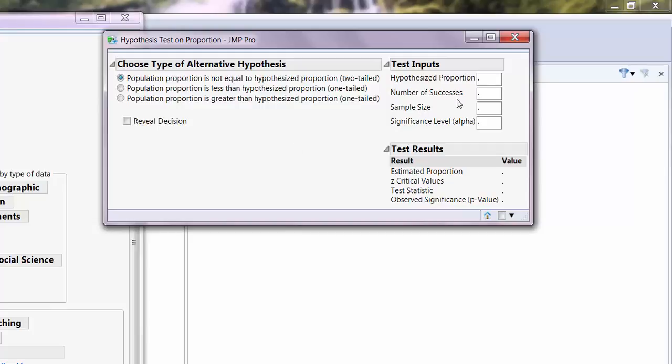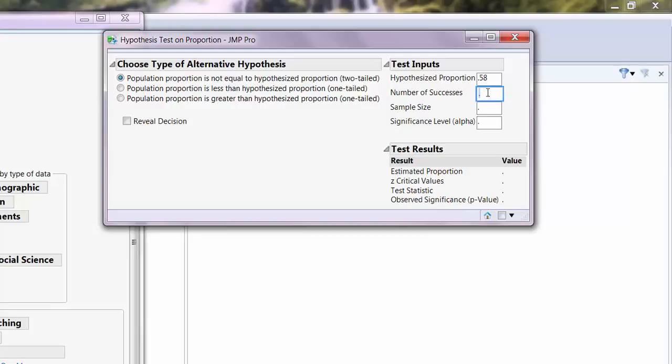Next, we come over and fill in the test inputs. So our hypothesized proportion is going to be the value of p sub 0, so the value that we're assuming to be true in the null hypothesis, so that's going to be 0.58. We're assuming there's been no change from the historical rate.